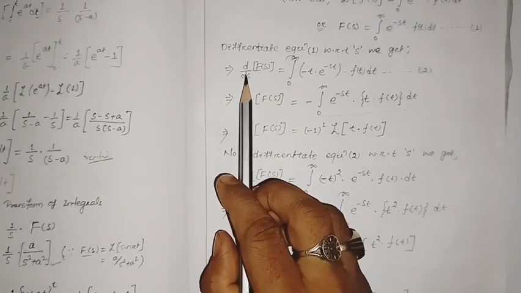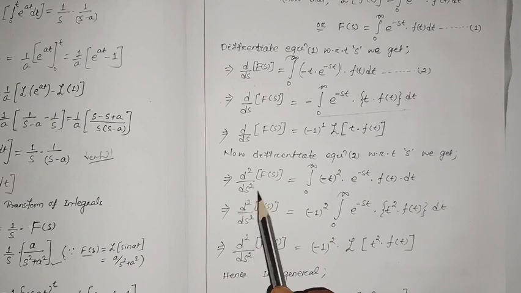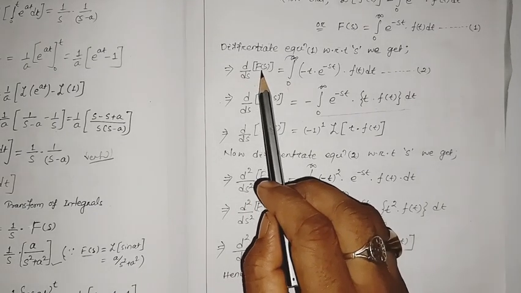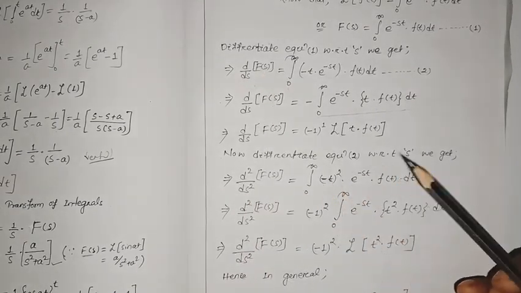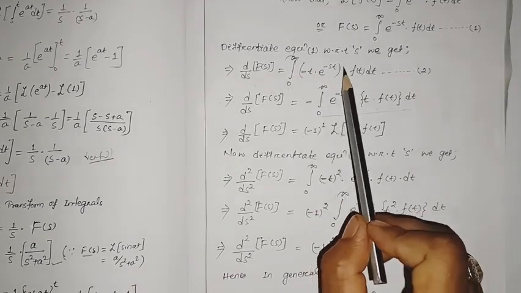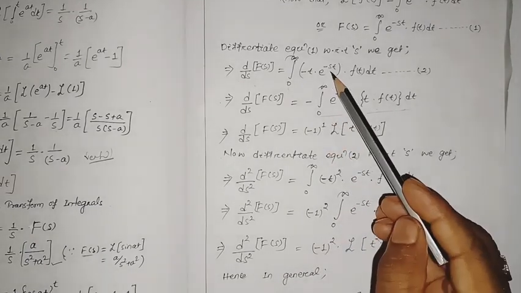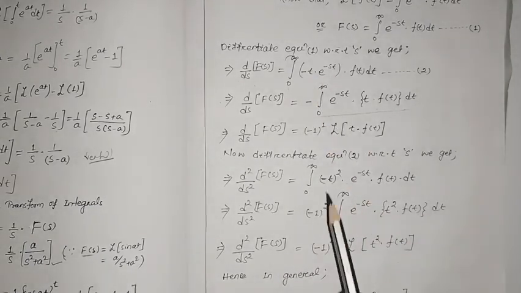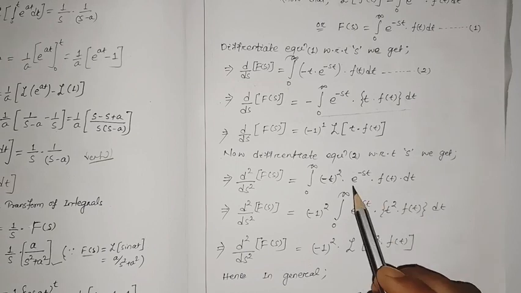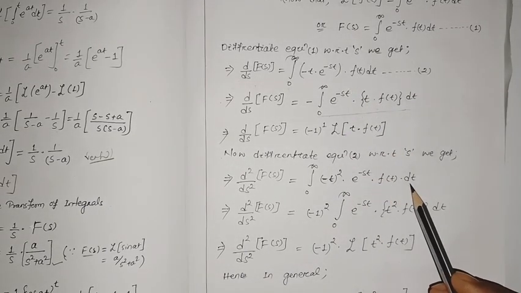So the left hand side will be d square by ds square of capital F of s, which will be equal to, here this is going to be differentiated with respect to s, so another minus t is going to be multiplied. So minus t square into e to the power minus st into f of t dt, right?